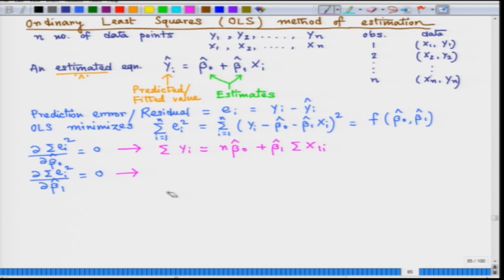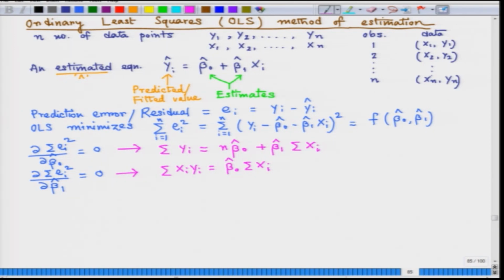The second first order condition also leads to an equation which looks like this. Oops, I mistakenly wrote 1 here; there is only one explanatory variable.